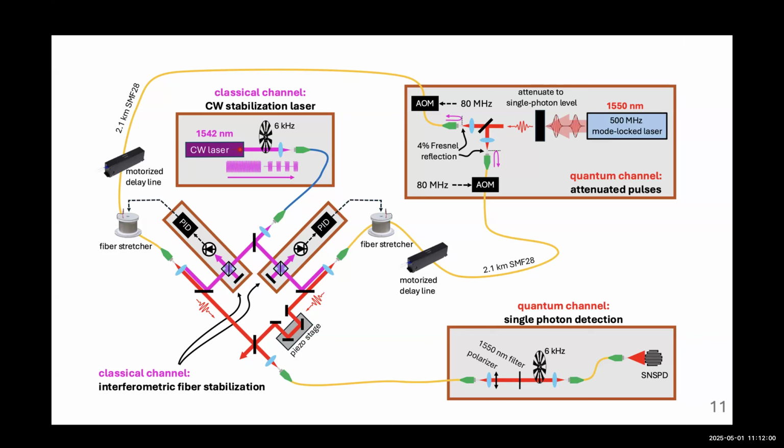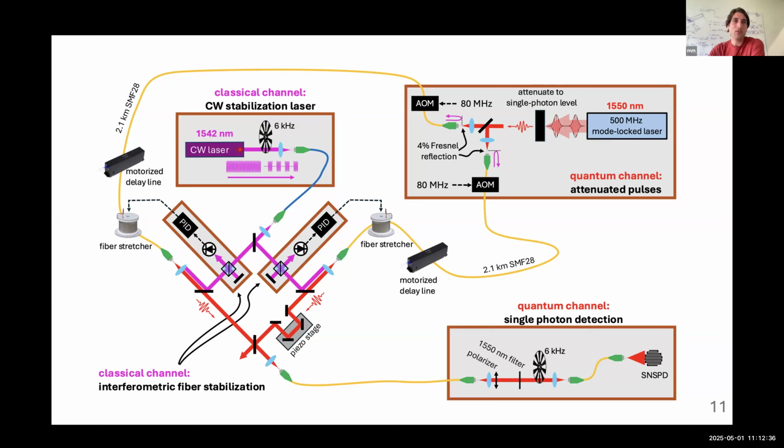There's a question from Duncan. He says, really nice results. Are the 2.1 kilometer fibers deployed or in the lab? Reason I ask is because I was wondering about temperature effects, because the CW laser and the quantum light are different wavelengths. Do you expect to see temperature dependent dispersion? Well, first off, they're semi-deployed. When I say that, I mean I take a fiber and I string it down the hallway several times and I bring it back to the lab.